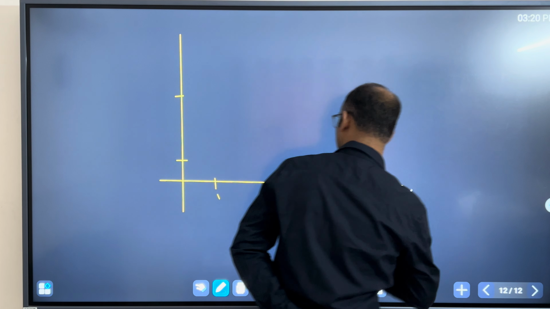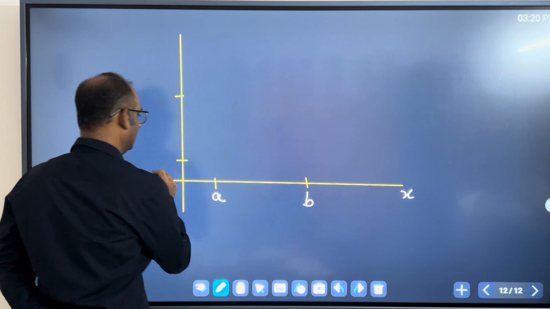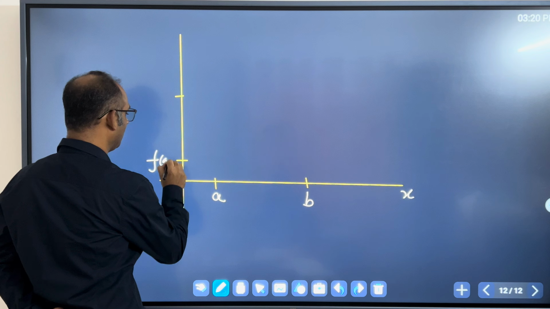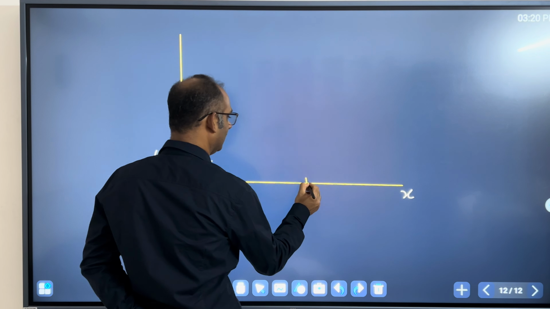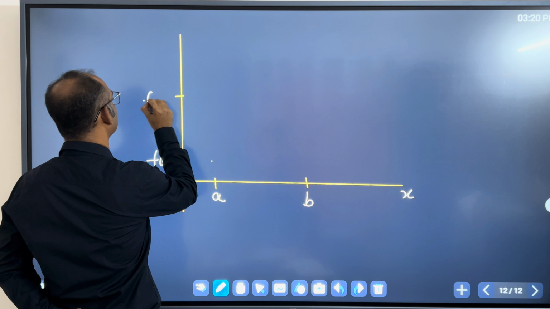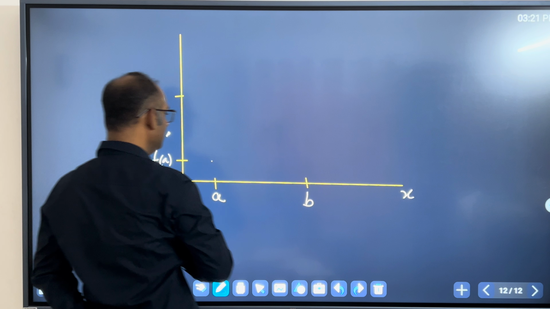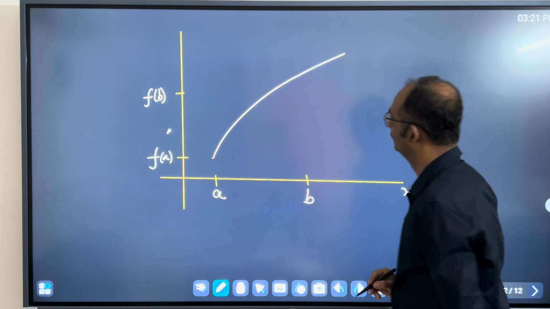Let's take the x-axis. That's point A, that's point B. Here is the value of the function, fa. So the function has value fa at A, and at B some value fb. Okay? So let me draw like this.